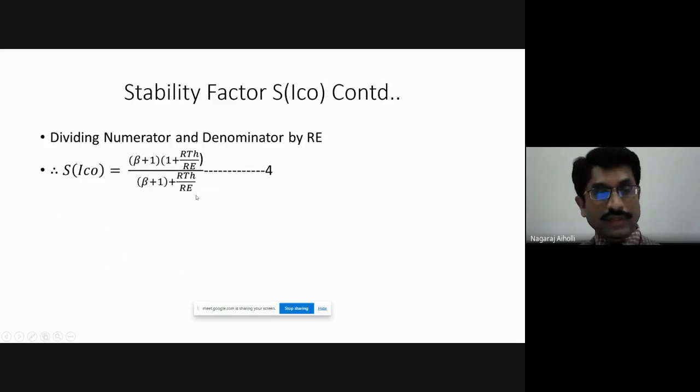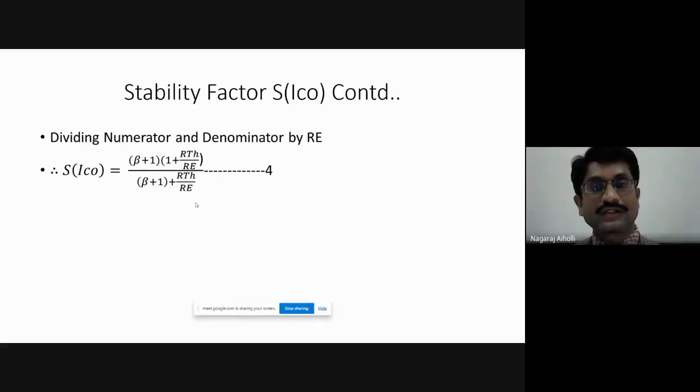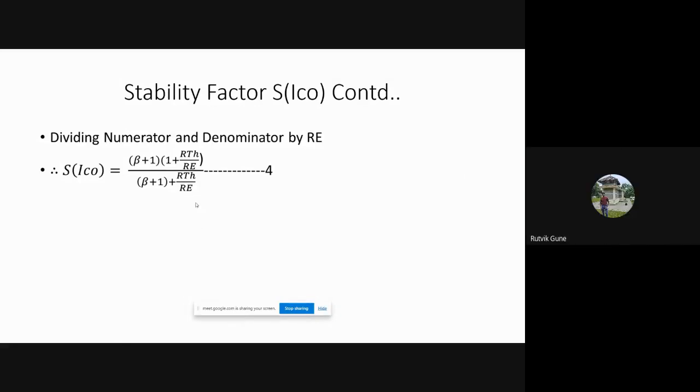Okay, so any difficulty here, students, in today's derivations? Was it understood? Clear, right? Rutvik? Yes, sir. Any problem in understanding? No, sir.